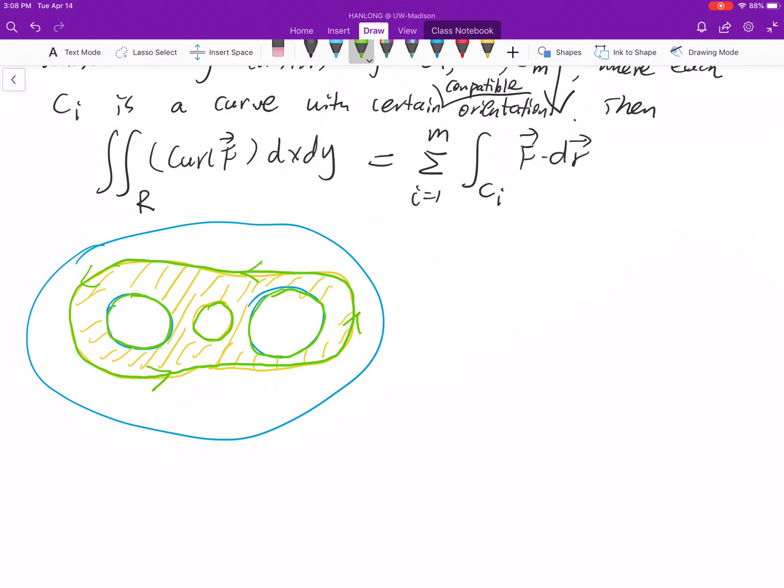And inside, you go clockwise because you need to make sure when you walk around, the domain is on your left side. So let's denote these as C1, C2, C3, C4. Then you can correspondingly write down the integral on this side.